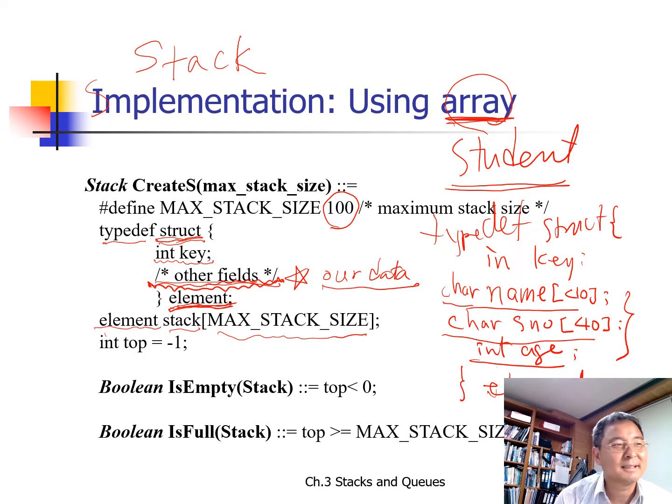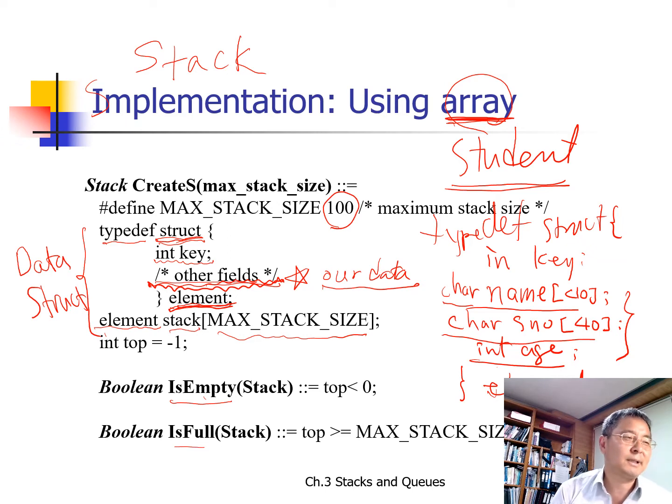Okay, yes, so this is called the data structure part, and using this data structure you can implement some operations. So the first ones are is empty and is full, which are trivial operations.